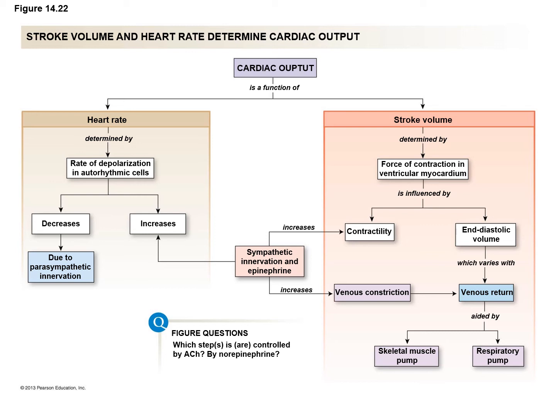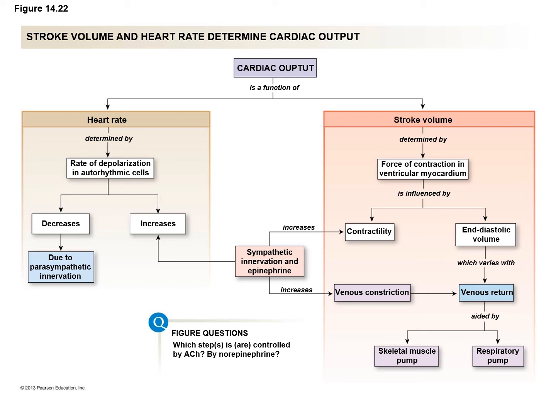Let's go over to stroke volume now. Stroke volume is determined by the force of contraction in the myocardium, and we're talking specifically about the ventricular myocardium. This is influenced by the contractility, so the ability of the actual actin and myosin to bind and slide across each other, and then the end diastolic volume. Remember that contractility can be increased through sympathetic innervation, which we talked about is controlled by calcium release.